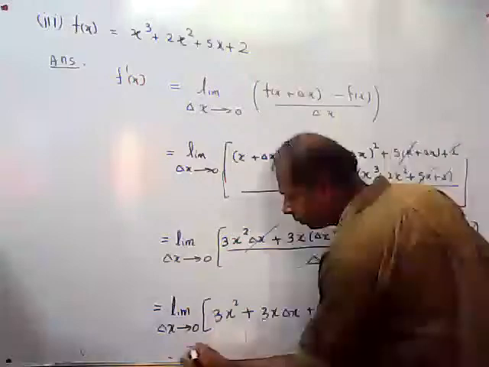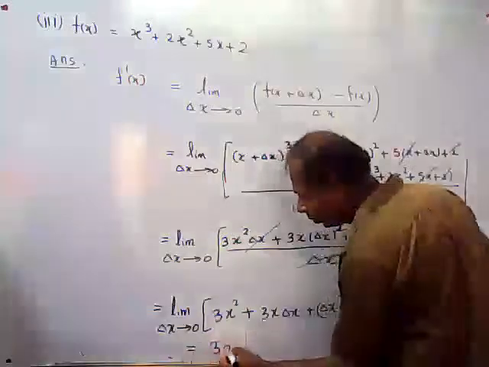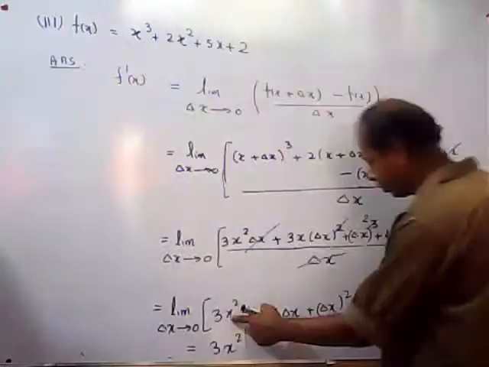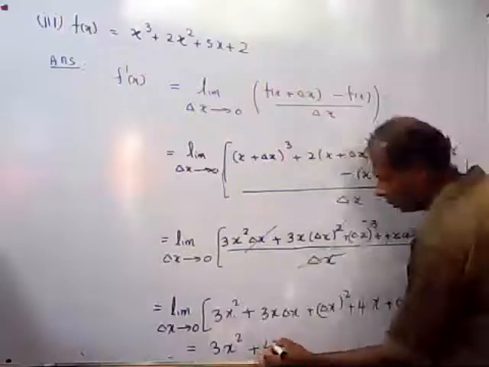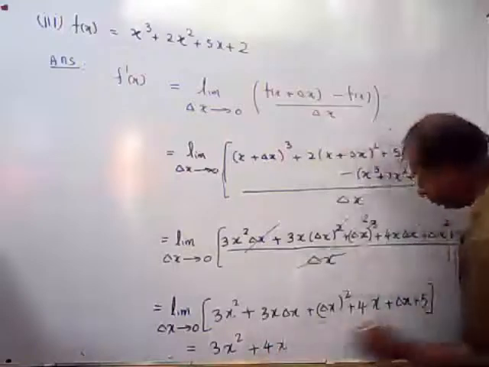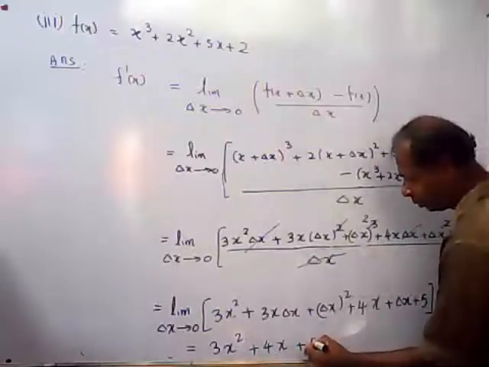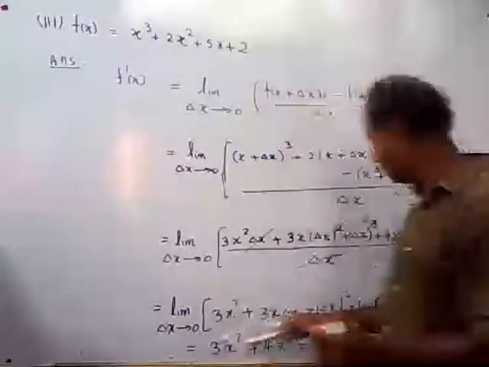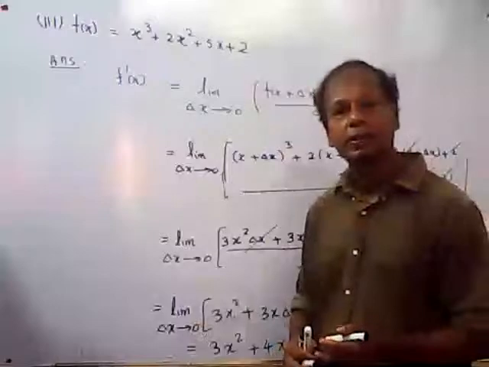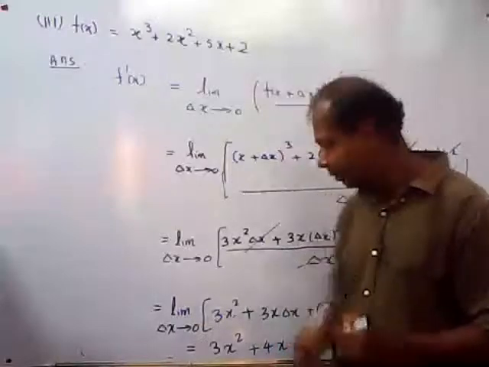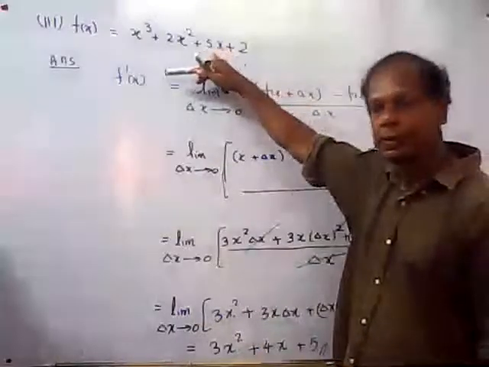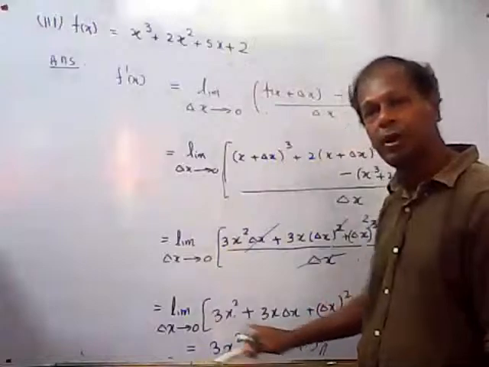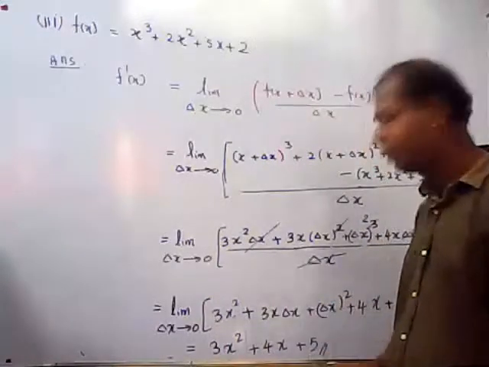And that's the derivative. All the other terms will disappear as you send delta x to 0. And this is the derivative of this function. The derivative is 3x squared plus 4x plus 5.